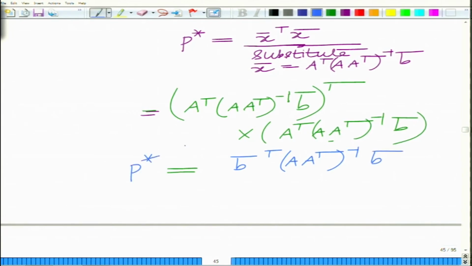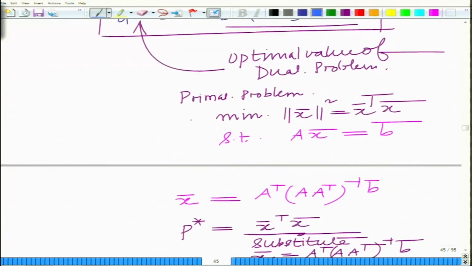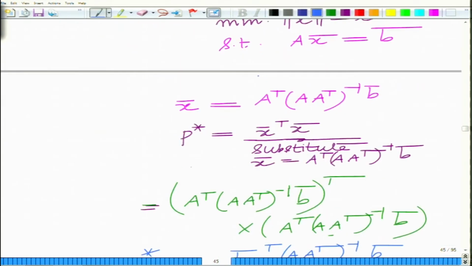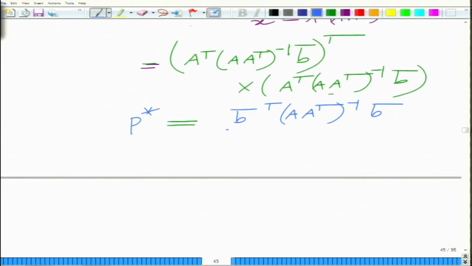This is P star, and from what you can observe above, this is also exactly equal to D star, b bar transpose (A A transpose) inverse b bar. So this is in fact exactly equal to D star.